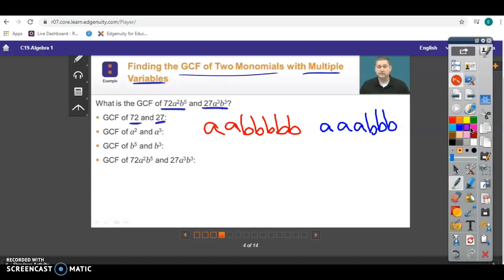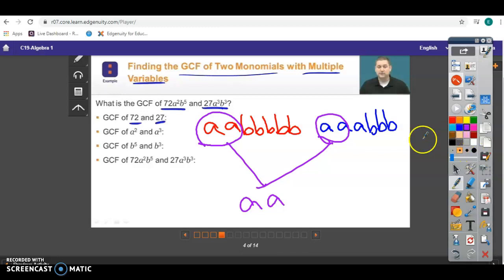Okay, well, this one has 2 A's that I can take out, and this one has 2 A's that I can take out. So I'm going to take out 2 A's. And then this one has 3 B's, this one has 3 B's, and this one has 5 B's. So the most I can take out of both of them is 3 B's.